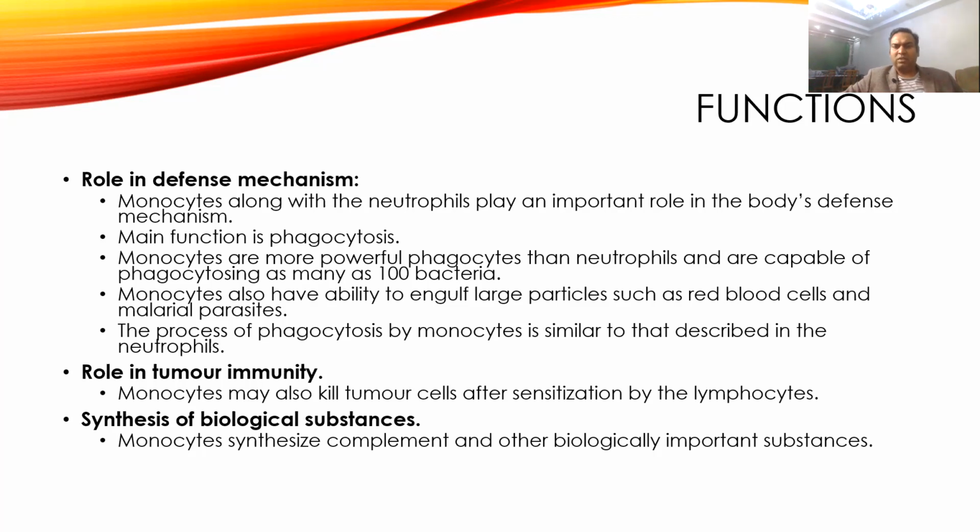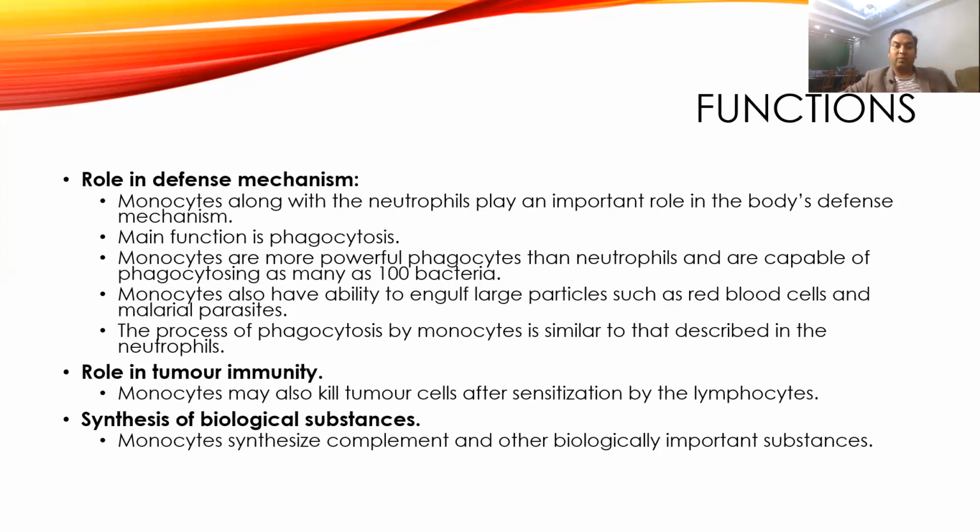Monocytes also cause immunity against tumor cells and can kill tumor cells, and also sensitize the lymphocytes for the tumor cells because they work as antigen presenting cells. So whenever they phagocytose any bacteria, the specific identifiable antigens appear on the surface of the monocytes or macrophages, and those antigens will be identified by the lymphocytes, and they will sensitize the lymphocytes.